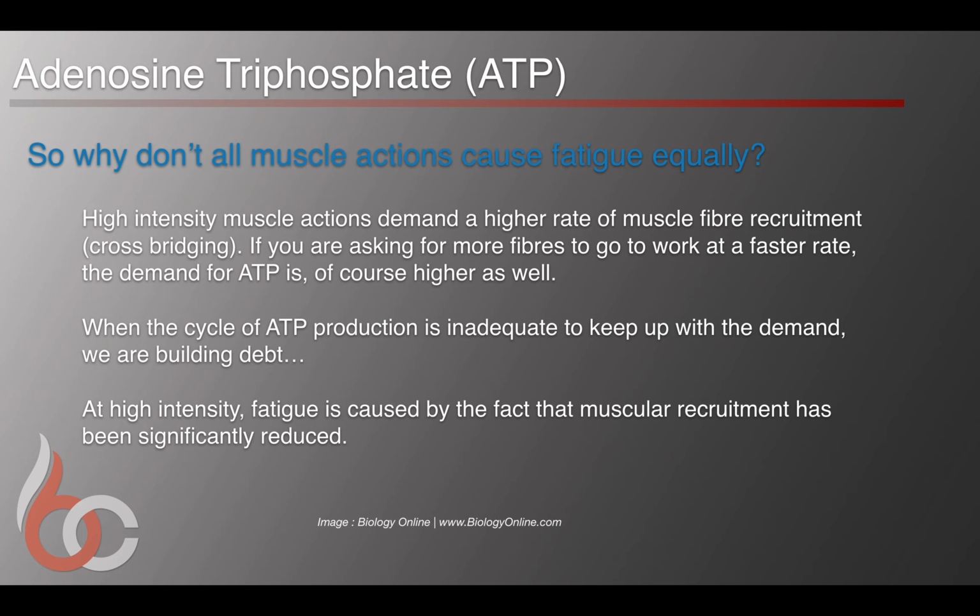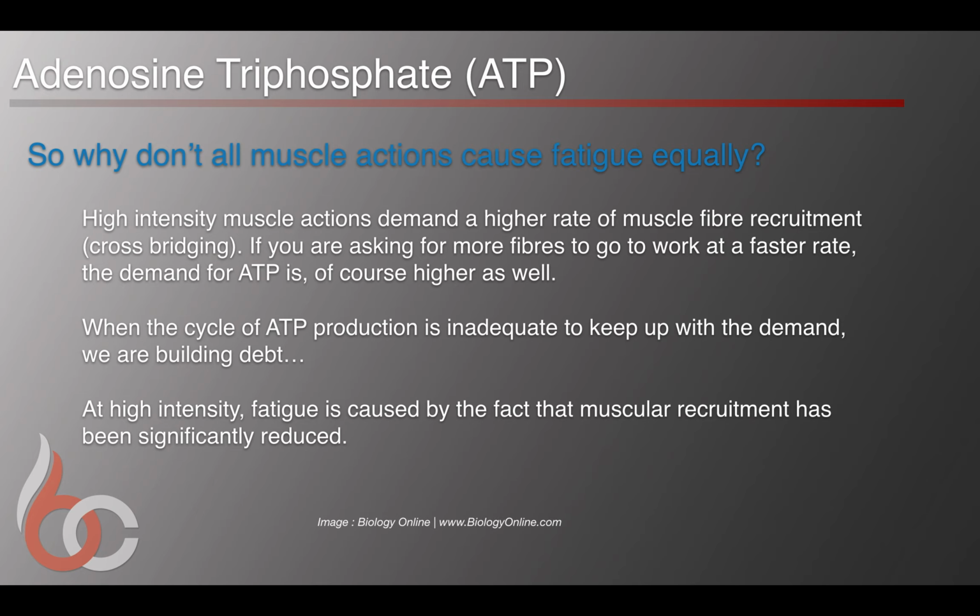Well, a high intensity muscle action demands a higher rate of what we call recruitment. So if I'm asking my body to provide enough force to move 150 pounds, I'm essentially asking more muscle fibers to cross bridge. All right. And if I'm asking more work to happen at a faster rate, I'm asking for more fibers to go to work at a faster rate, I've increased the demand for ATP as well.